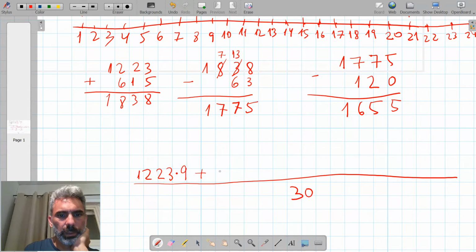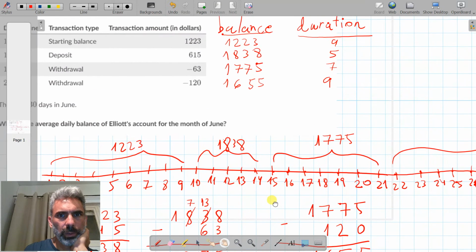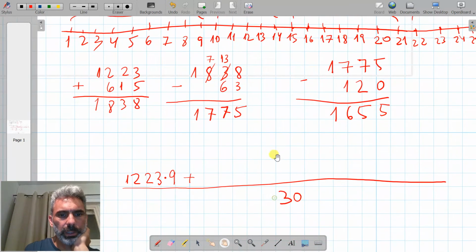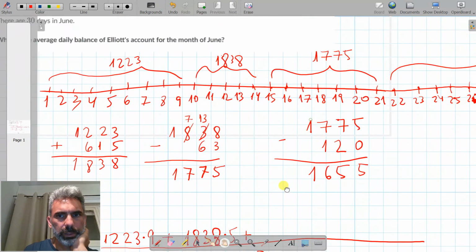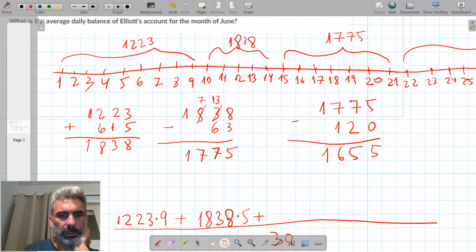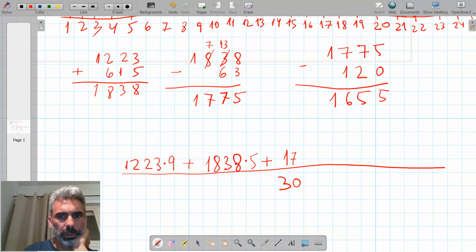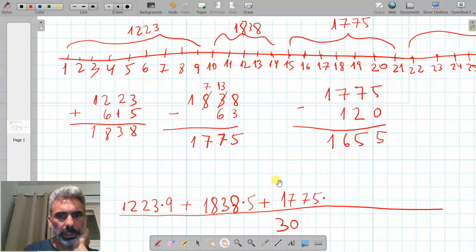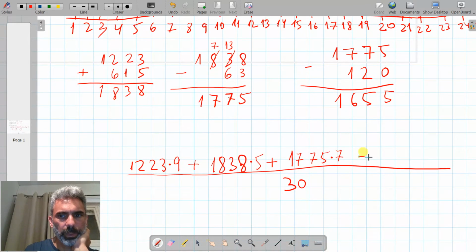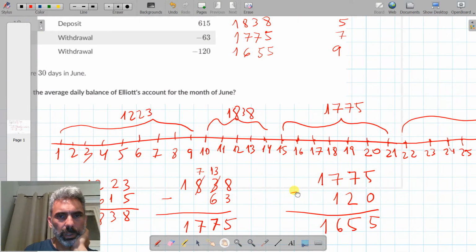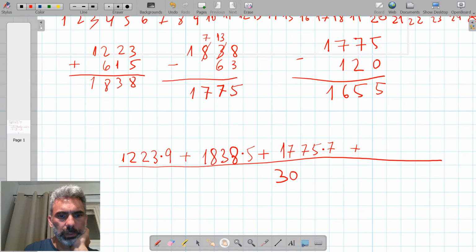Plus 1,838 for a duration of 5 days, plus 1,775 for a duration of 7 days, plus 1,655 for a duration of 9 days.